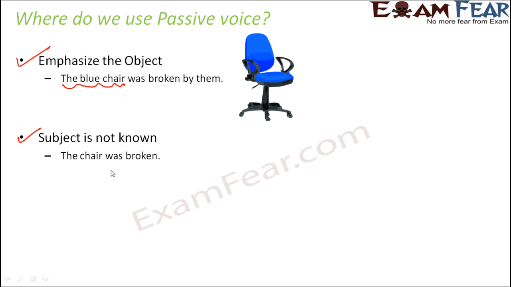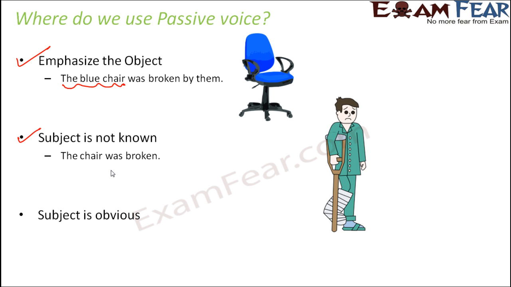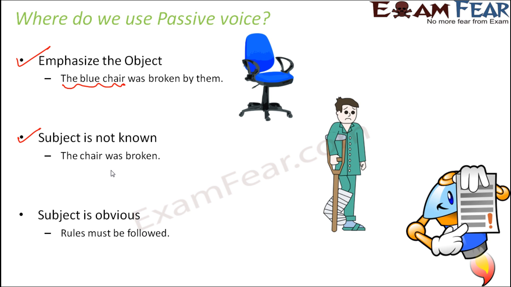The third case could be that the subject is so obvious that you do not want to mention it. For example, rules must be followed. Followed by whom? By everyone. So that's quite obvious. When we say rules must be followed, we know that it must be followed by everyone. In this case, the subject is very obvious. Looking at the context of the sentence, you get to know what the subject is.